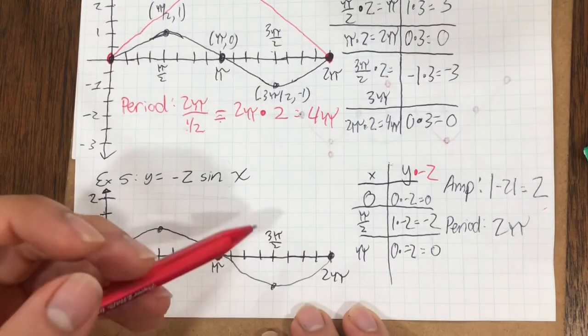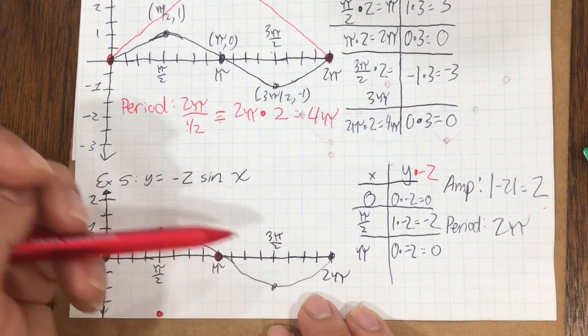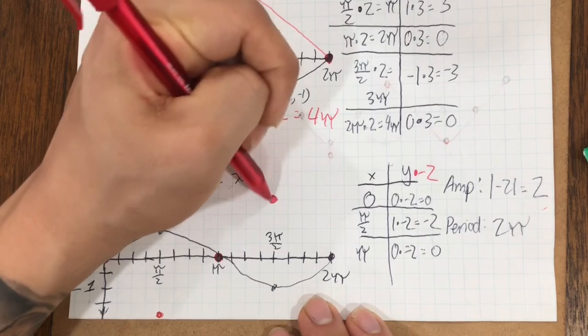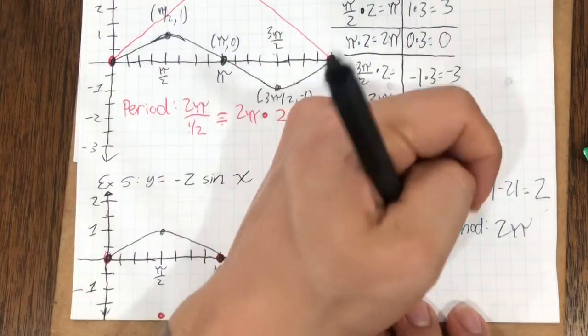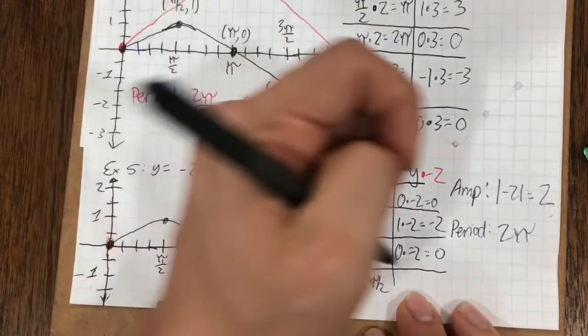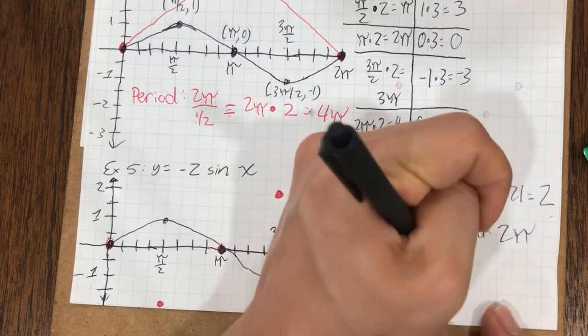And then we have 3 pi over 2, -1. If I multiply it by -2, it would be reflected up here. If I do the math, I have -1 multiplied by -2, which now becomes a +2.